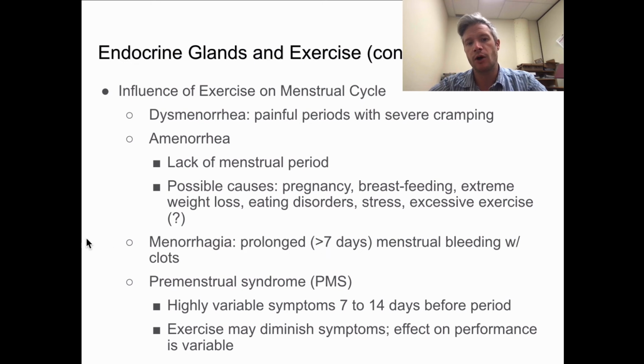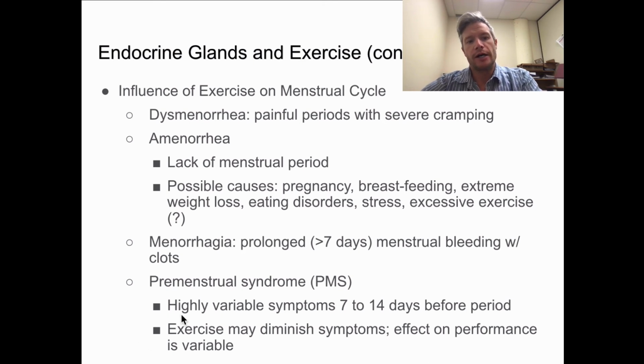Menorrhagia is prolonged menstrual bleeding, usually associated with blood clots, and then there's premenstrual syndrome, which a lot of us have heard of as PMS, but any pop culture references aside, I think it needs special consideration in and of itself.